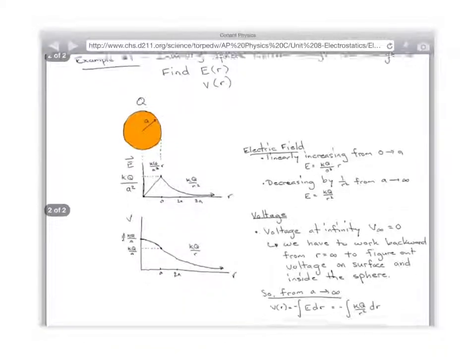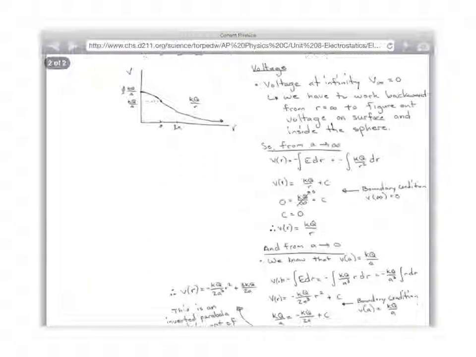So starting at infinity to a, the voltage as a function of r ends up being kQ over r.